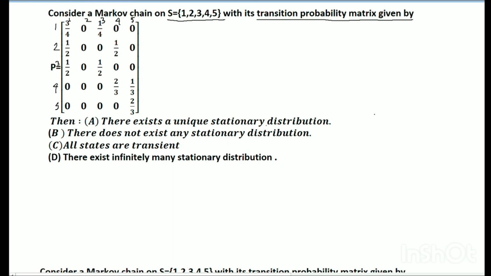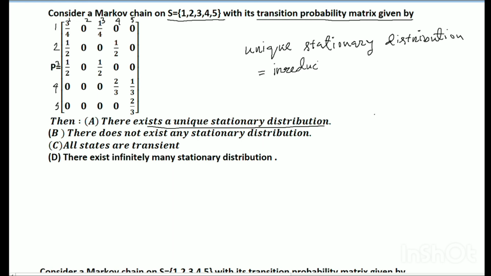Now friends, I have already told you the meaning of a unique stationary distribution. A unique stationary distribution means irreducible plus aperiodic. Then it is a unique stationary distribution. Here it is not aperiodic because not all the diagonal entries are non-zero.